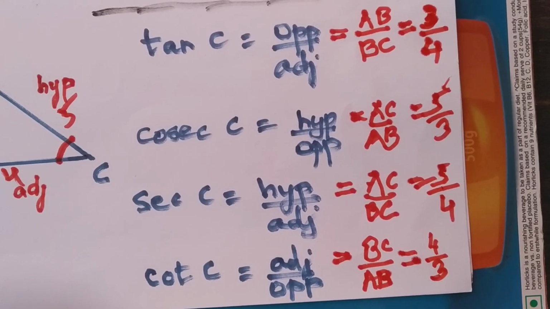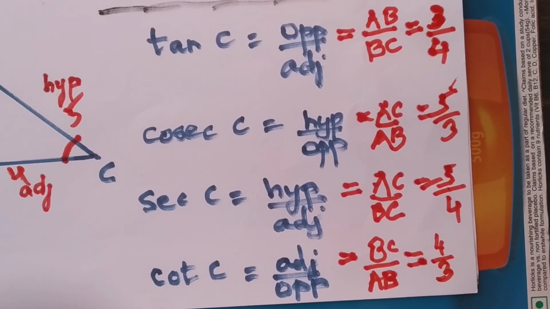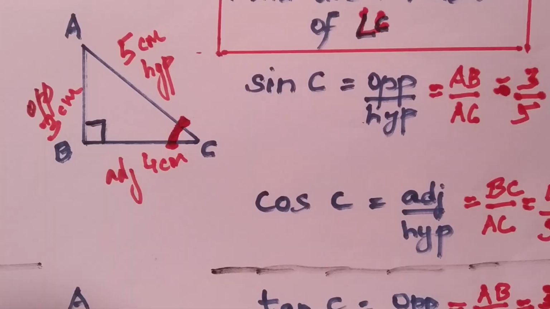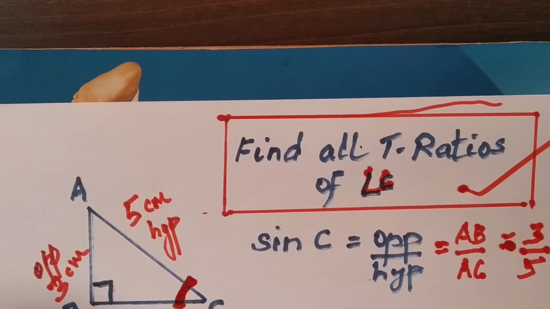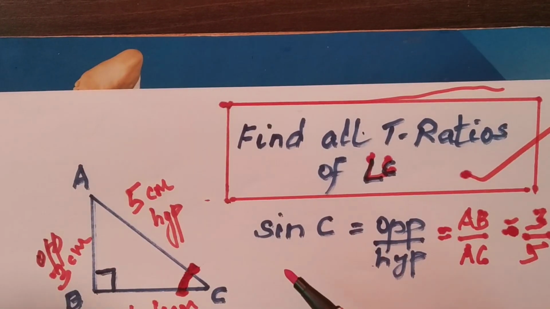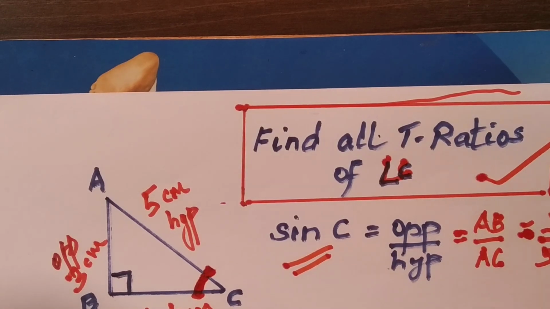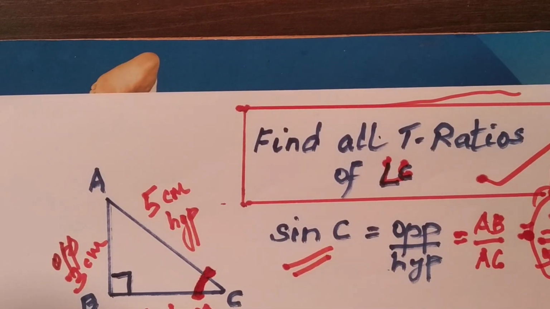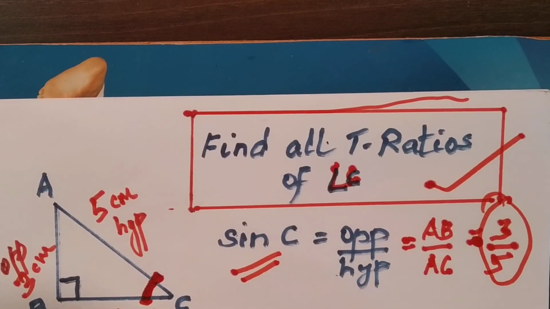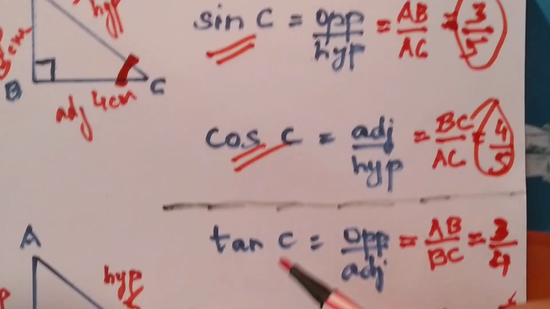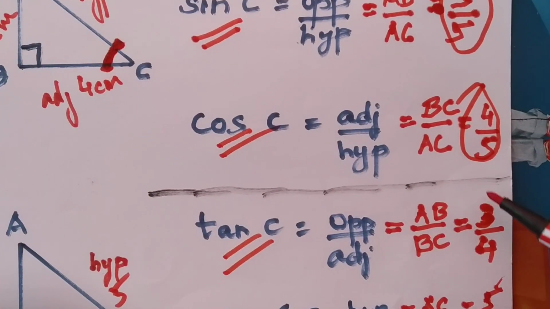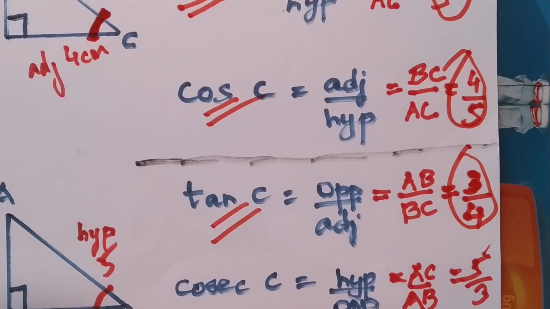So now we have all the 6 T ratios. So this satisfies the question. Find all T ratios of angle C. We know sine C is 3 by 5. Cos C is 4 by 5. Tan C is 3 by 4.